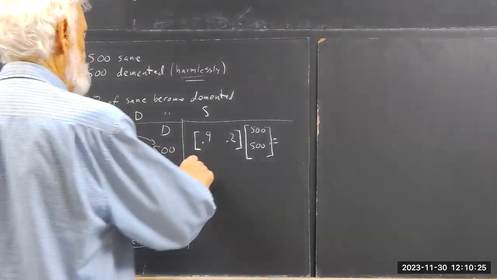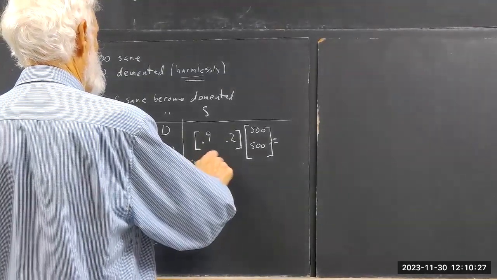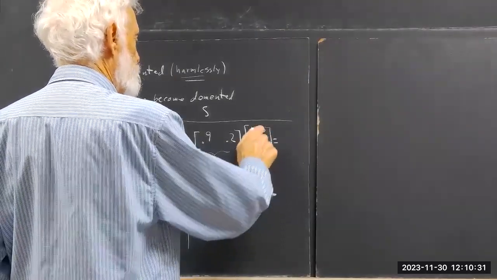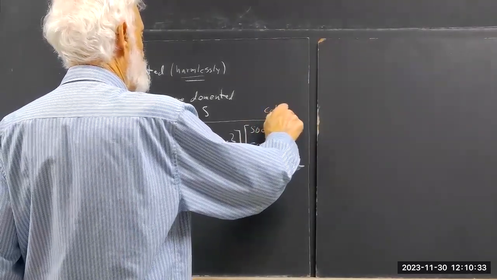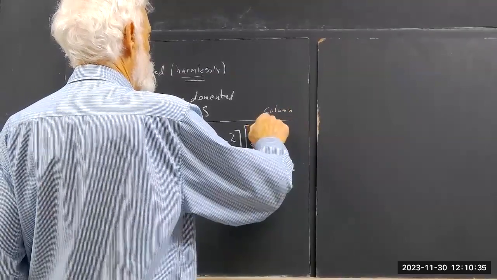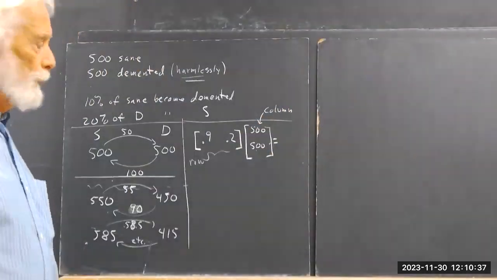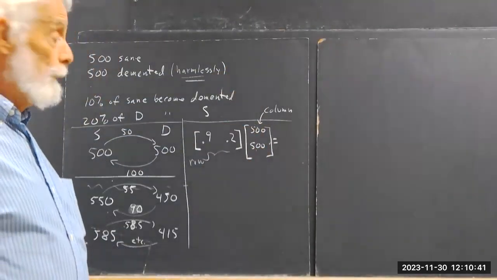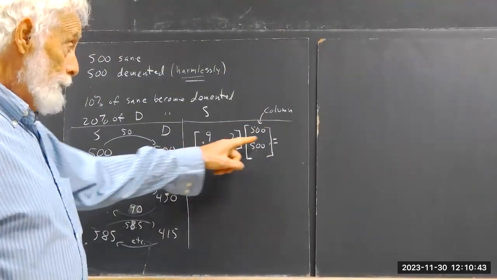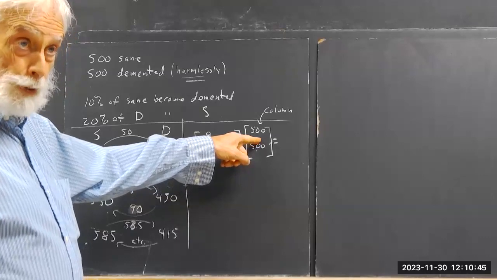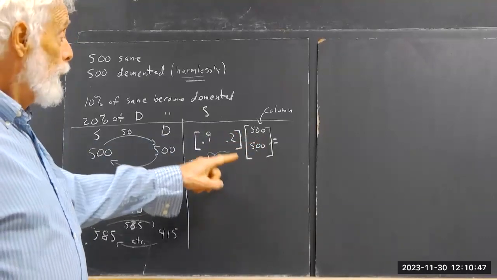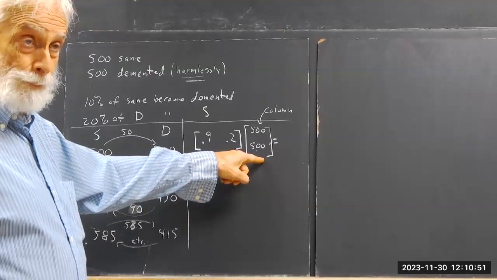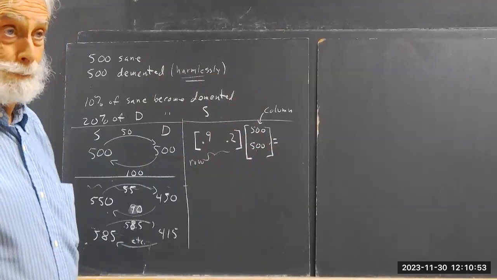This is a row. This is a column. To multiply a row by a column, you multiply the first number in the row by the first number in the column, and the second number in the row by the second number in the column, and then add them.